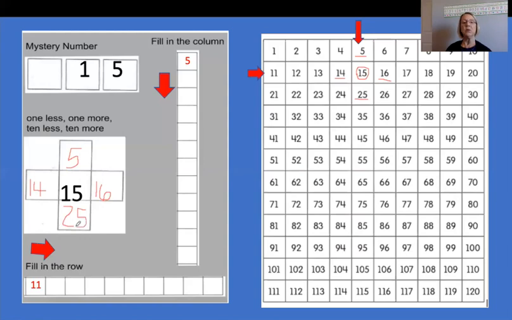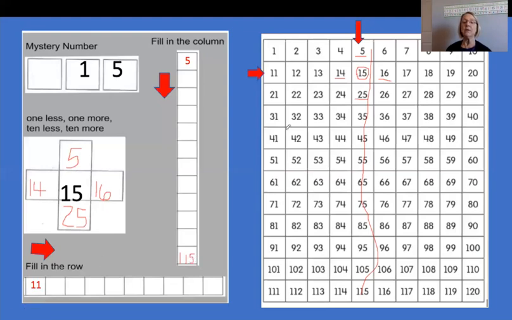Now I'm going to fill in the column. The column starts with 5 and goes all the way down to 115, so I would write 115 here and fill in all of the numbers between 5 and 115.